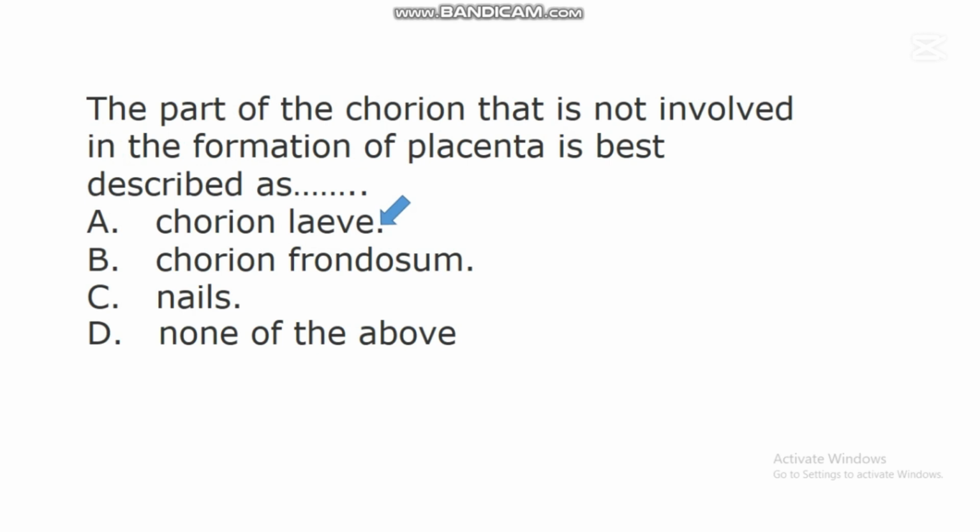This structure called chorion laeve is the part of the chorion that is not involved in the formation of placenta. Studies have shown that the chorion plays a great role in forming the placenta, but not all parts of the chorion are involved in formation of the placenta. So the portion of chorion that is not involved in the formation of placenta is called chorion laeve.